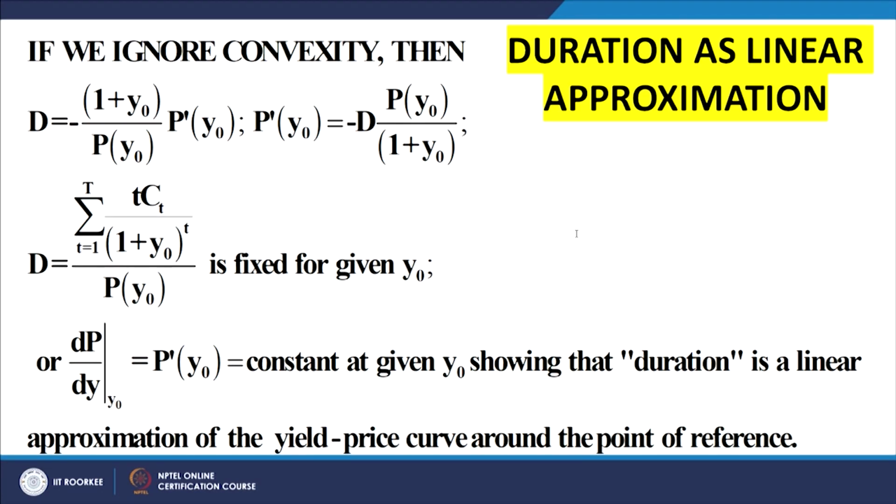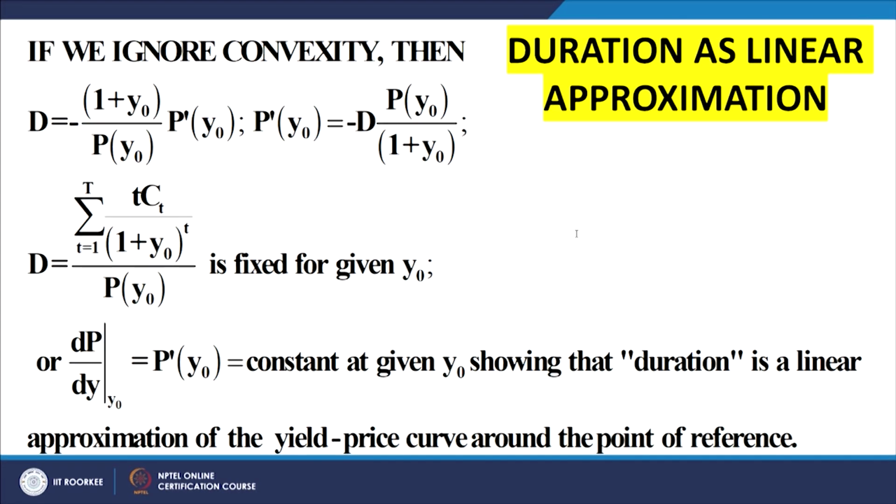Now, if we ignore convexity, as I mentioned, duration happens to be the linear approximation of the yield price curve at the point at which the duration is being calculated, at y equal to y0. The point at which we are calculating duration or convexity or the price change relates to an infinitesimal shift in the YTM.